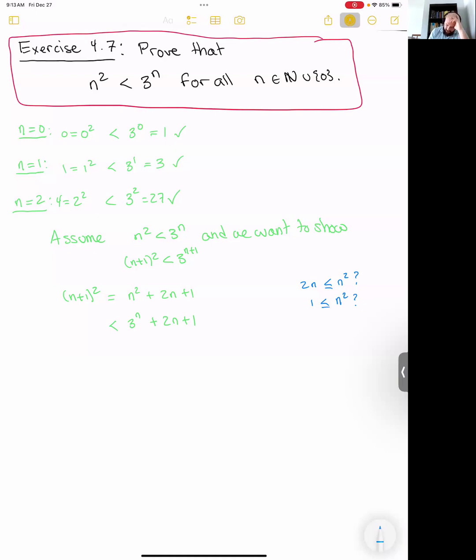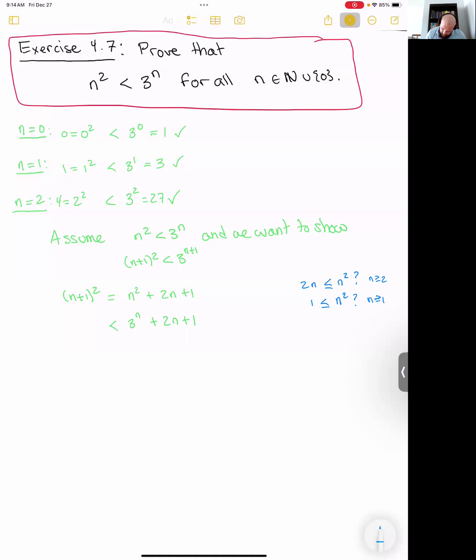We don't need the rest to be strict anymore. For the second one, as long as n is greater than or equal to 1, this will be true. And for the first one, we notice that as long as n is greater than or equal to 2, this will be true. These are also things you could prove by induction, but I'm going to let us take these facts as true for simple quadratic and linear growth.